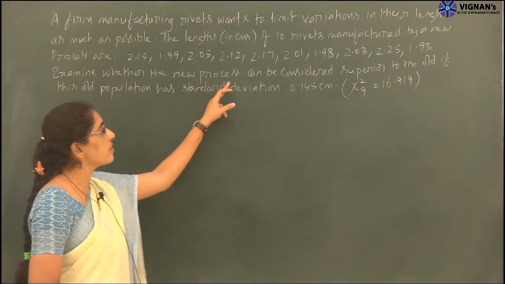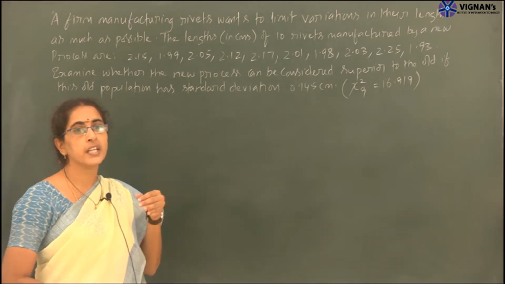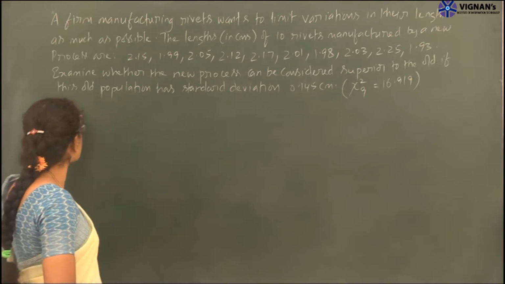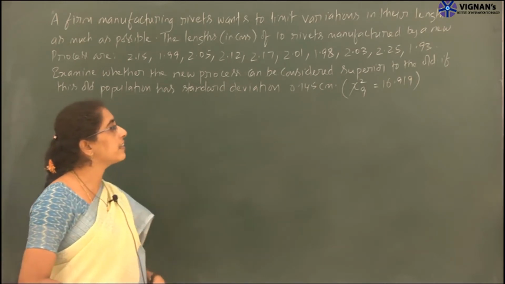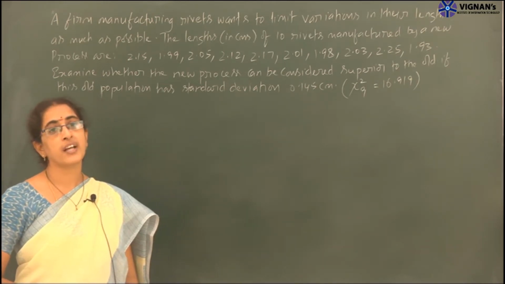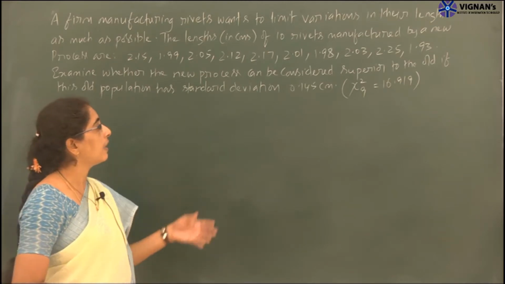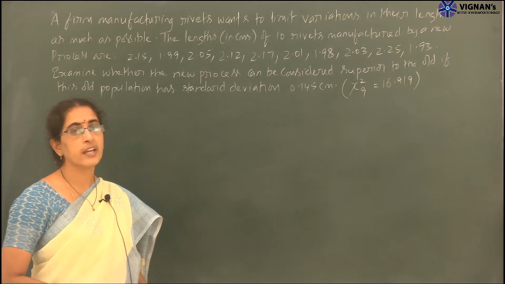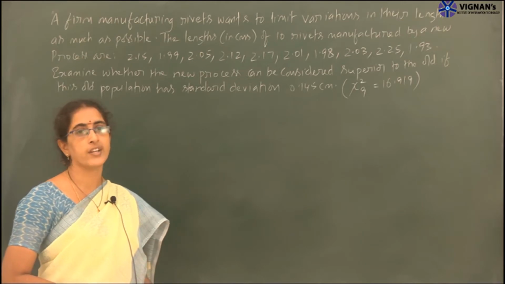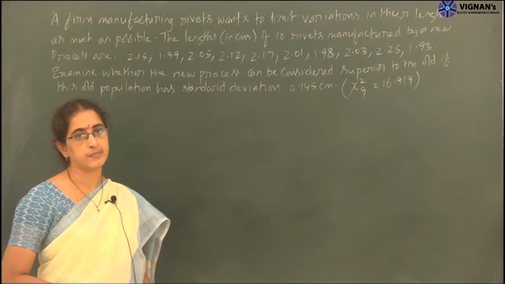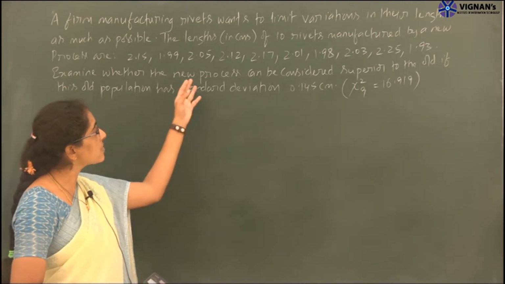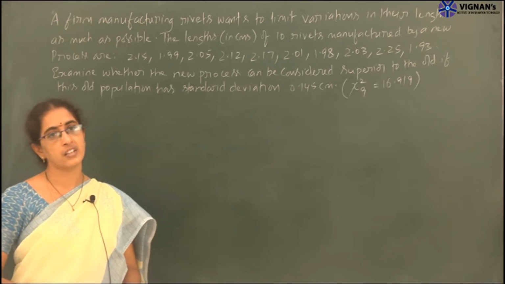Examine whether the new process can be considered superior to the old if the old population has a standard deviation 0.145 centimeters and the tabulated value for chi-square at 9 degrees is 16.919.